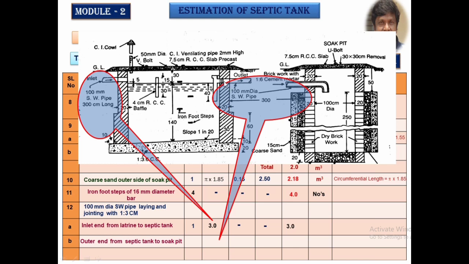I'll take 15 centimeter as the seating of the pipe, and the total length is estimated to be 3.3 meters. 0.15 is the seating, plus 3 meters is the clear dimension, and 0.15 on the other side. Here will be the joint. So 3.3 meters, you add this up, you will get the total length of the pipe that has been provided.